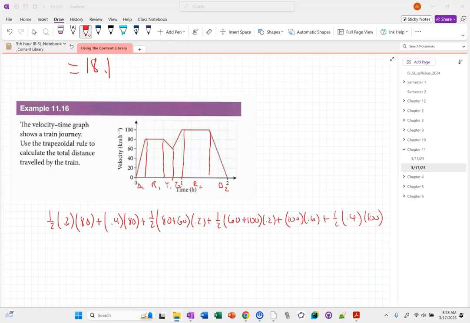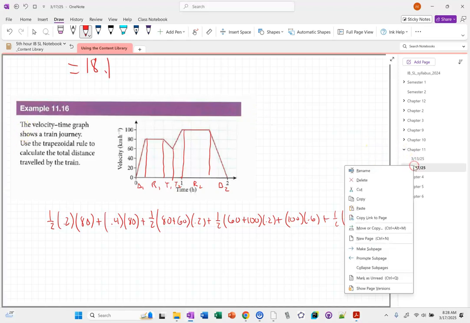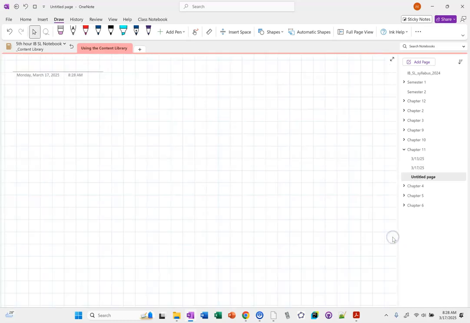So for next class, we're going to have our chapter 11 quiz. Let's talk about what to expect for that. Again, I don't think it should be too bad. You really have one integration formula that you need to be competent using. So let's just type this stuff in real quick.